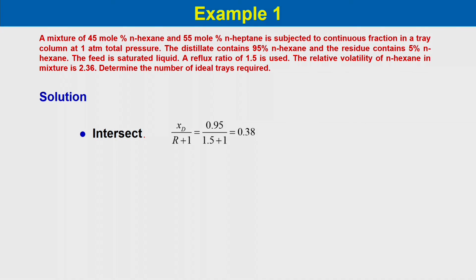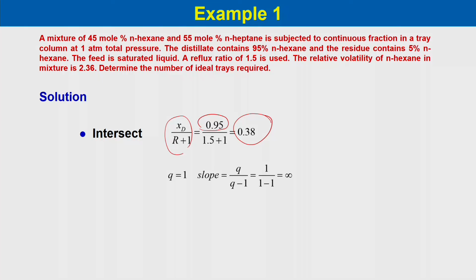which is xD by R plus 1. So, xD by R plus 1, xD is given as 0.95 and R is 1.5. So, 0.95 by 1.5 plus 1, which is equal to 0.38. Now, we have to calculate the slope of the q line.